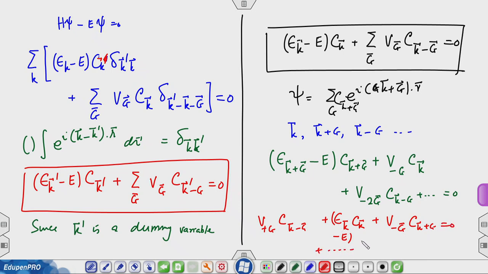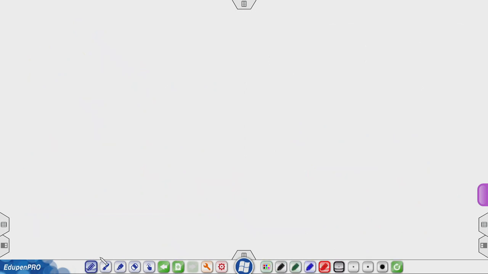So, this is a set of linear equations that are to be satisfied to get non-trivial C k and C k plus g by solving them.